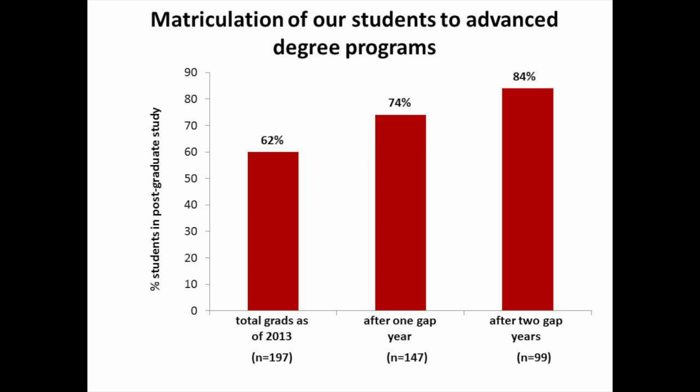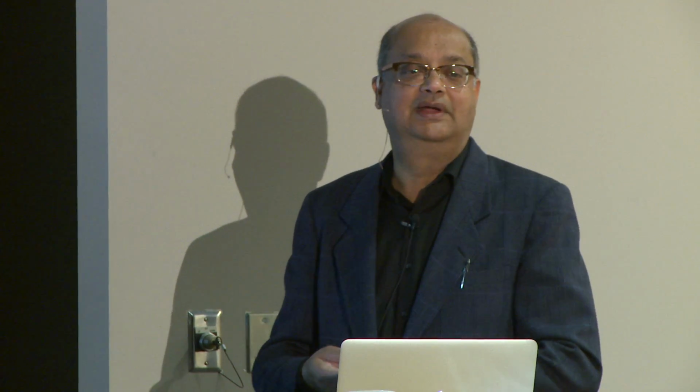After 1 or 2 gap years, because that's the fashion these days, students always want to take 1 or 2 gap years. During that gap year, they do great things. They go to Cold Spring Harbor and work there, or they come to UCSD and work there, and they do fantastic things.